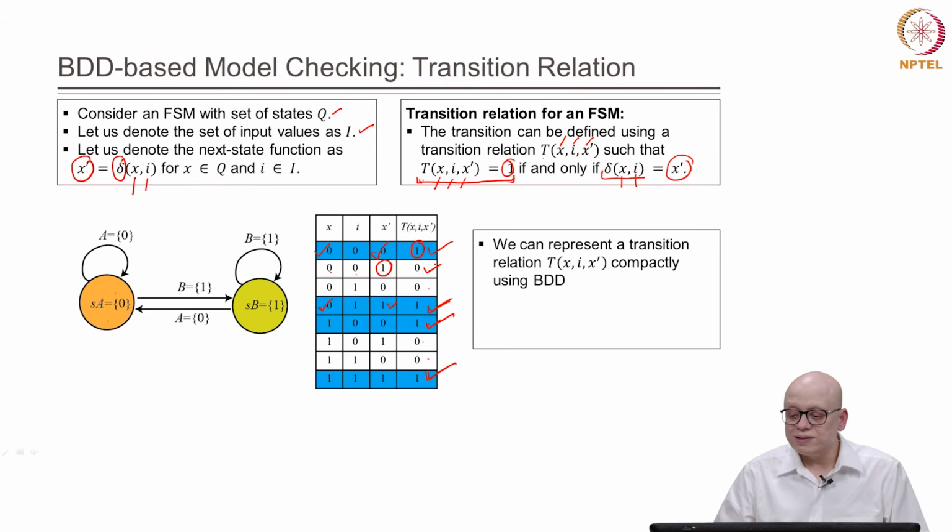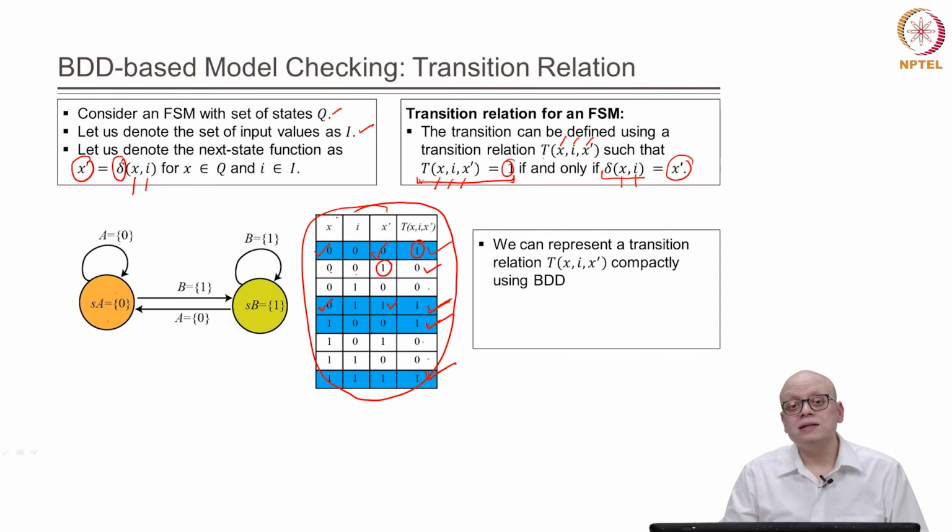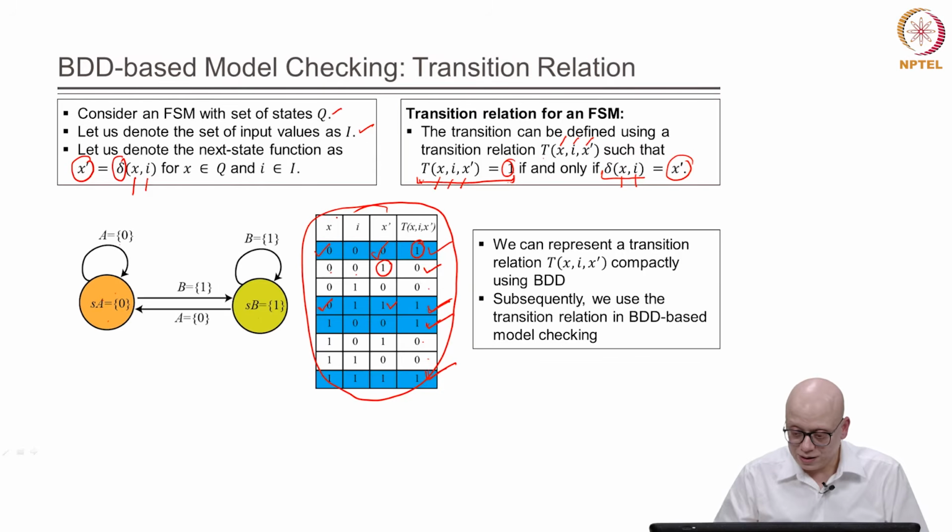Now, we can represent a transition relation also very compactly using BDD, right. What we have shown is a truth table of the transition relation. For this truth table, we can always represent it in terms of BDDs, and many times compactly, right.